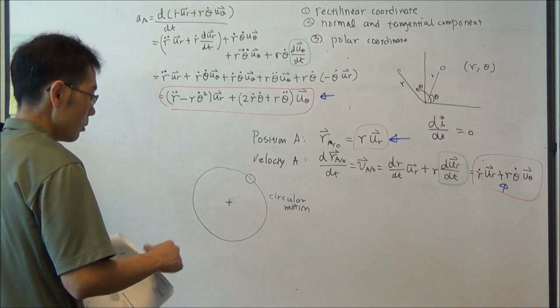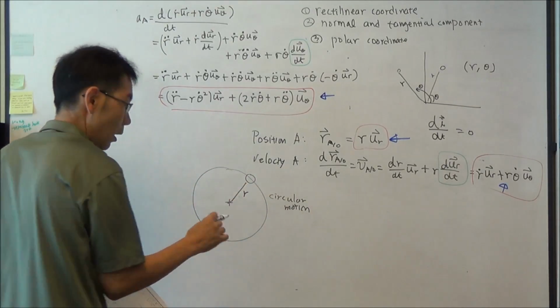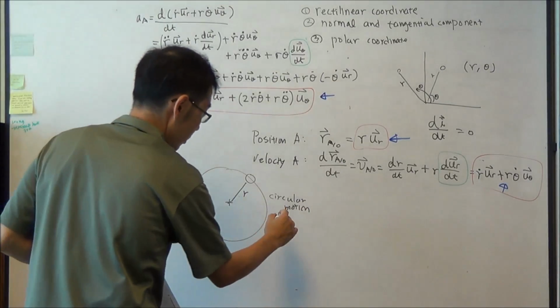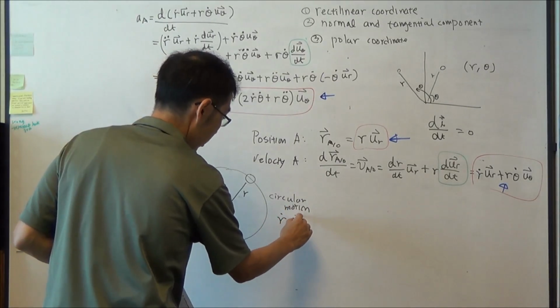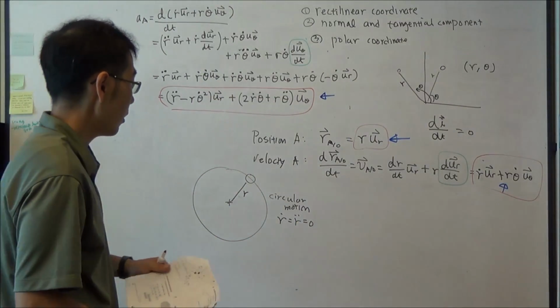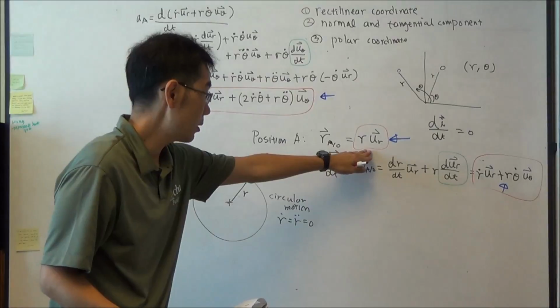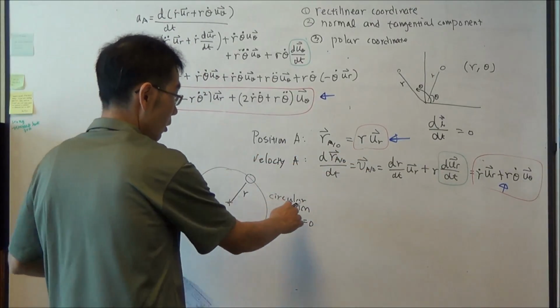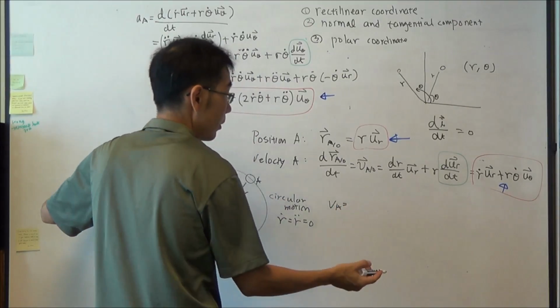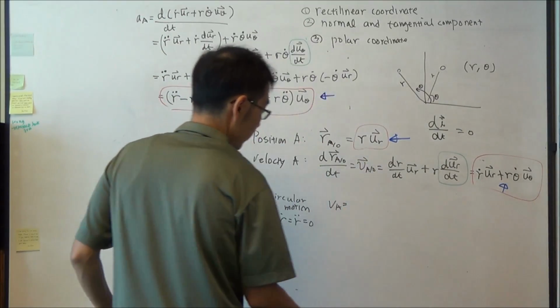Circular motion means the r is always the same, because that's a circular motion, which means r dot and r double dot will be 0. So the position of A is the same as this one, but in the case of circular motion, the velocity of A, this term will be 0, right?